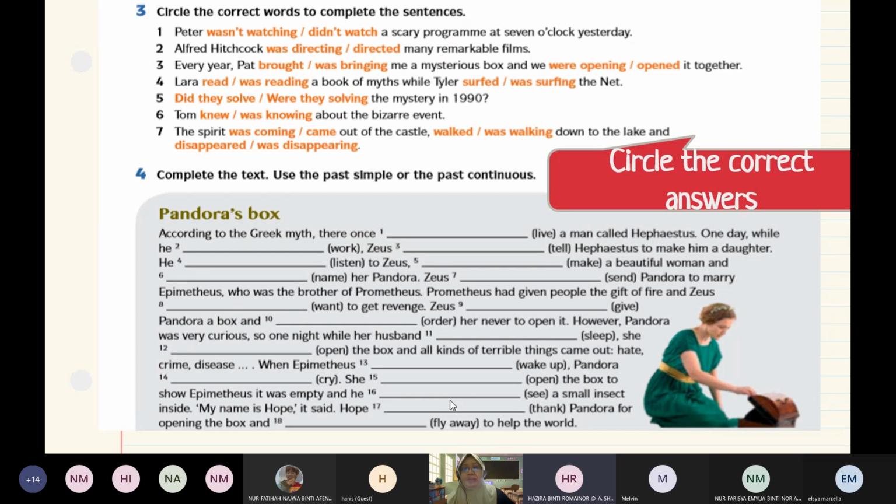But before that, let's look at exercise 3 first. We try to do it together. Circle the correct words to complete the sentences. Who wants to start first? We start from Aida Shahira.